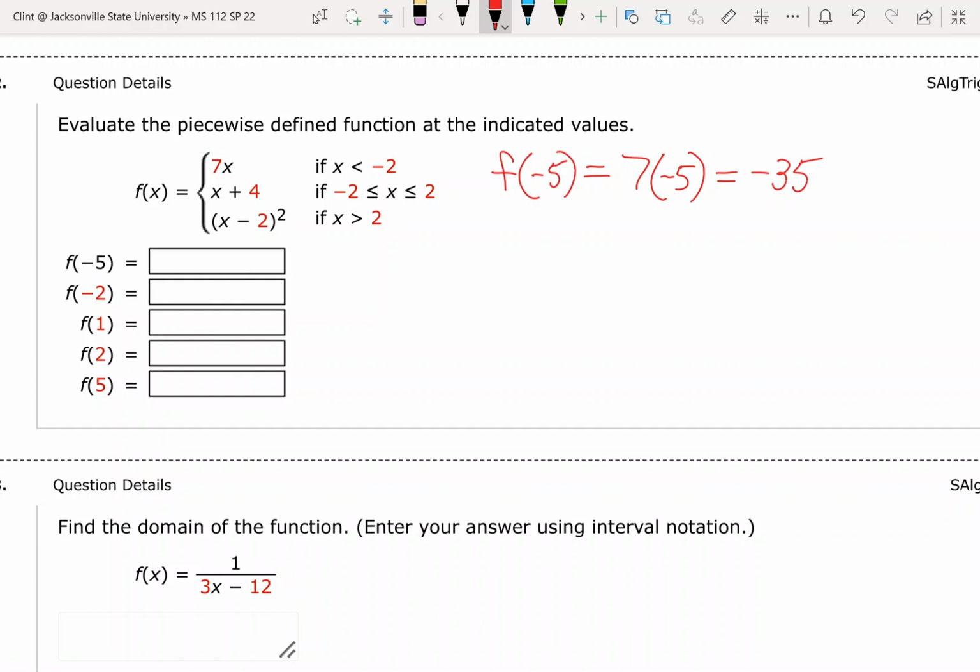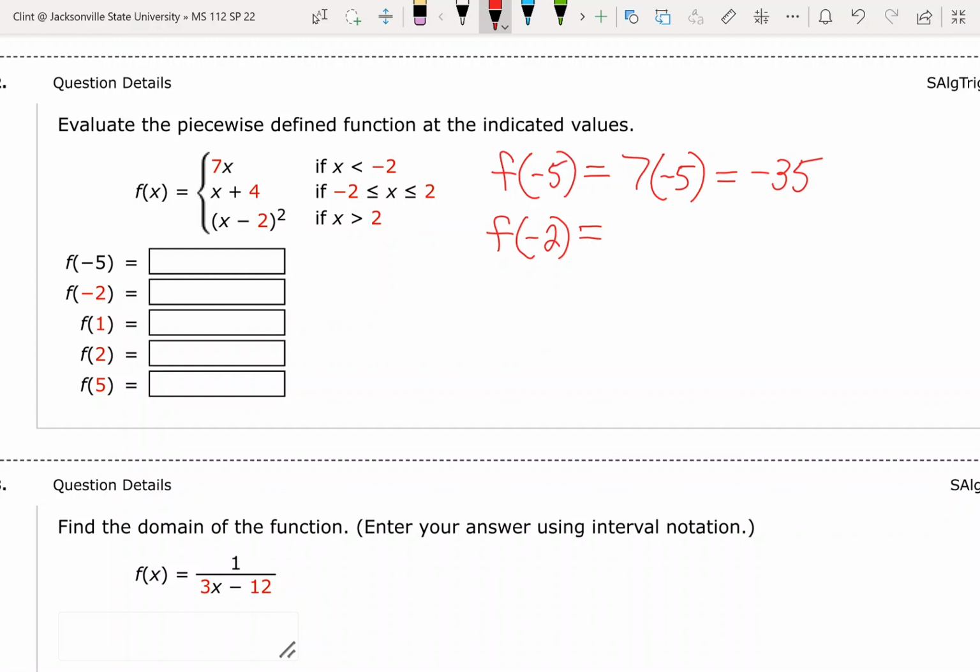Next one's a little bit trickier. Our x value on that one is -2. If you look at the middle one, it's got the or equal to bar on both of these. So this is saying we use that one if x is -2 or 2 or anything in between.